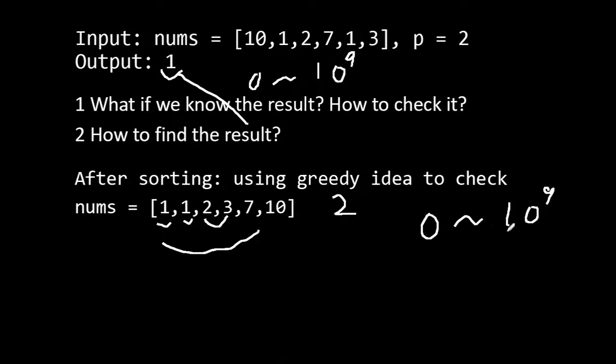In this example, the maximum can be 9, because we cannot find a pair whose difference is bigger than 9. So it cannot be 10 to the power of 9; it can be bounded to 9. So we take the minimum of 10 to the power of 9 and 9. So actually we just need to take this 9. What is this 9? It is the maximum number minus the minimum number inside nums.